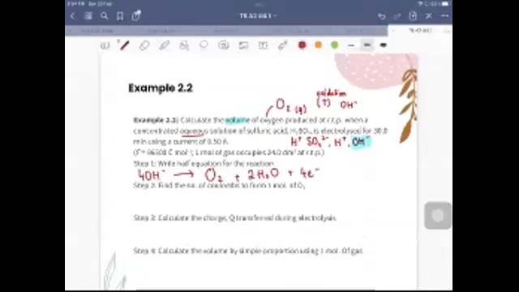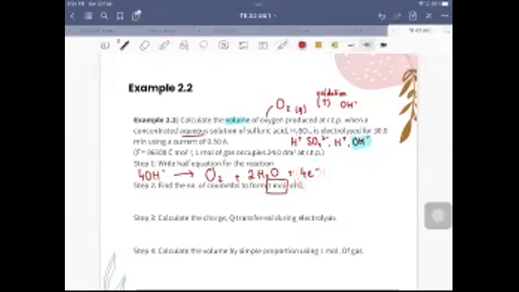Other information: your electrolysis setup is run for 30 minutes using a current of 0.5 amperes. Find the number of coulombs to form 1 mole of oxygen. Here we are looking at how much charge we need to produce 1 mole of oxygen. Because it is an oxidation process, you would expect electrons to be lost, which is on the right side.